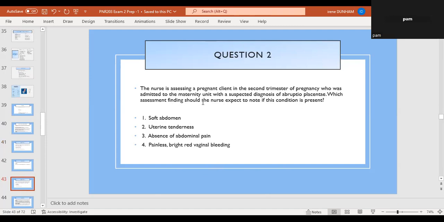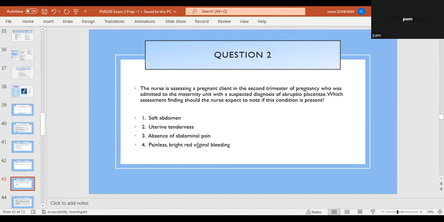A soft abdomen is not abruptio placentae. Uterine tenderness. Absence of abdominal pain, that's not a placental abruption. Painless bright red vaginal bleeding.